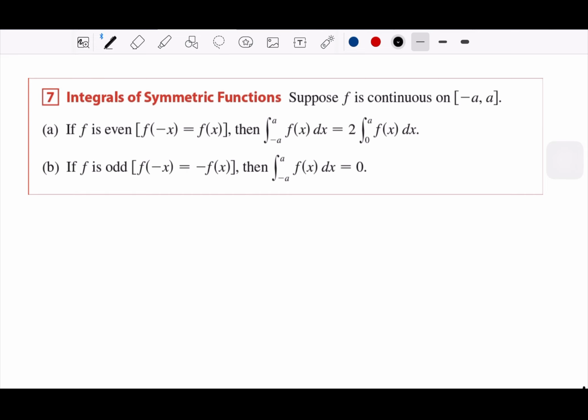If you are integrating from negative a to a, it means that you could take the integral from 0 to a and multiply by 2. You could think of it with visuals.